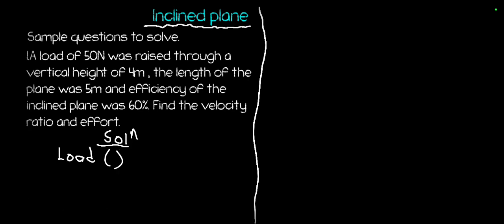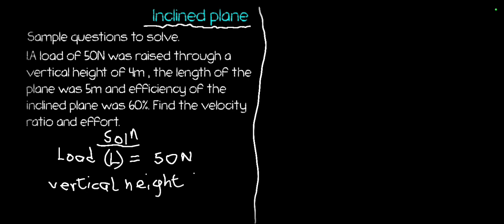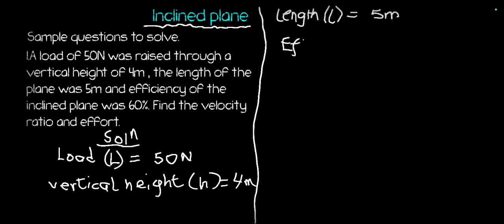So the load, which is capital L, is equal to 50 newtons. From the question, you always have to write your data. Vertical height, which is h, is equal to 4 meters, and the length, small l, is 5 meters. Efficiency of a machine was given to be 60%, right?